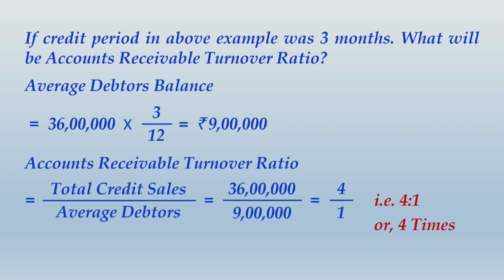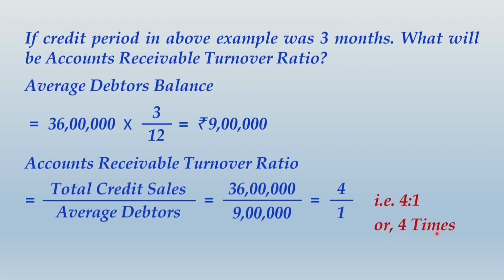But try to recollect what shortcut I have explained you. If the credit period is 3 months, out of 12 months, if one cycle is having duration of 3 months, how many cycles there will be in the year? That will be simply 12 divided by 3, and that will give you 4 times.